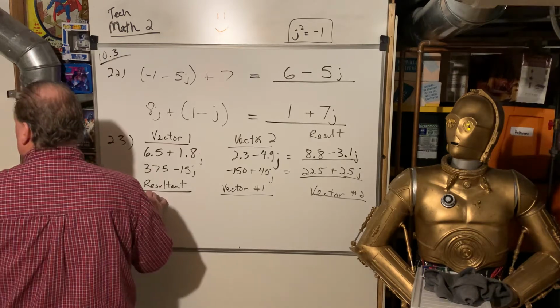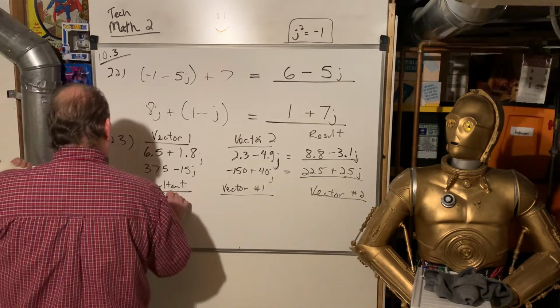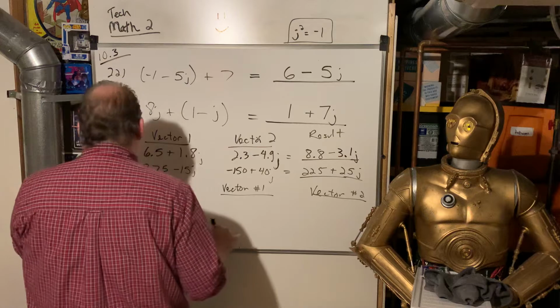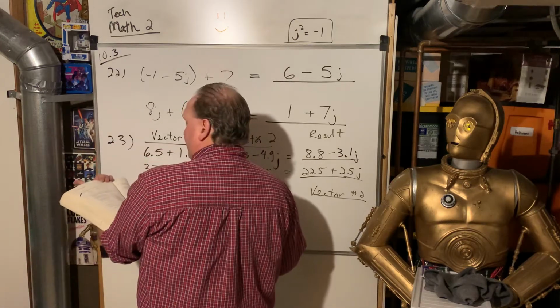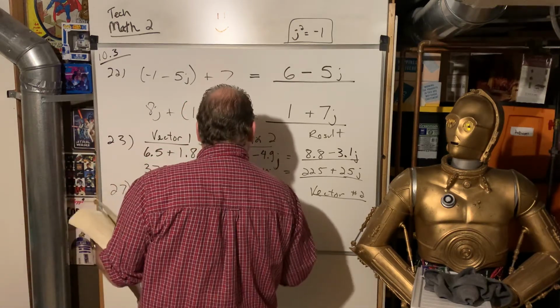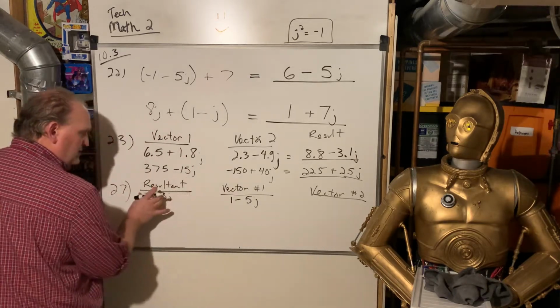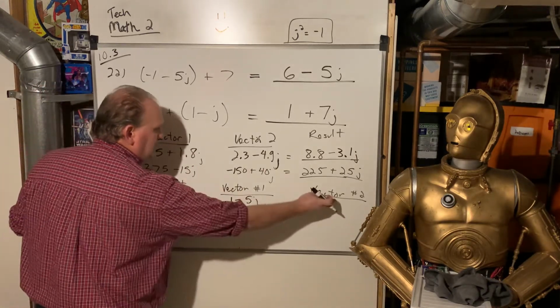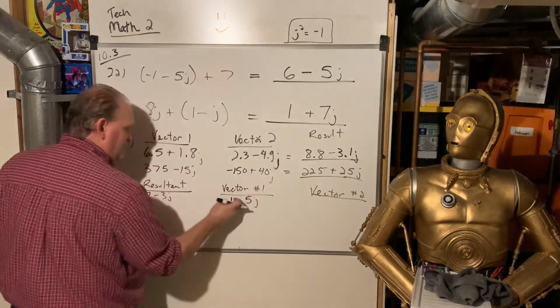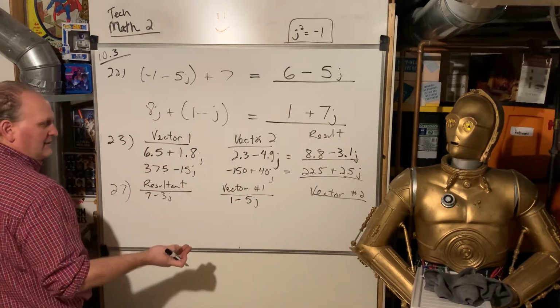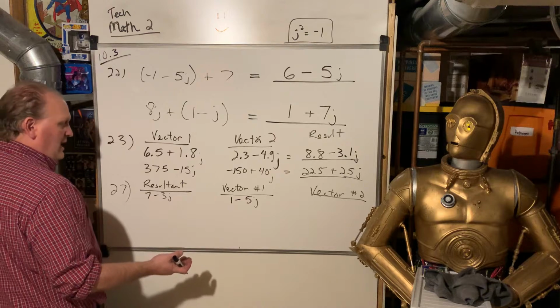If they give me the first one as 7 minus 3j, that's the resultant vector. And then 1 minus 5j is vector 1. Well, if I just subtract the resultant minus vector 1, that should give me vector 2, because if I add this to this, it should equal that. And so you could just about do that in your head, right?